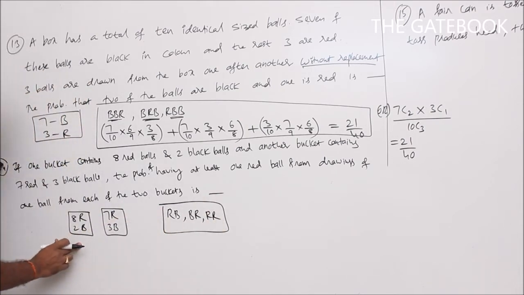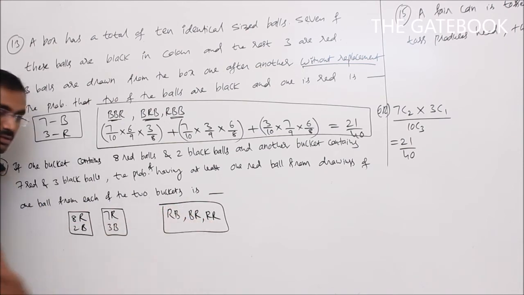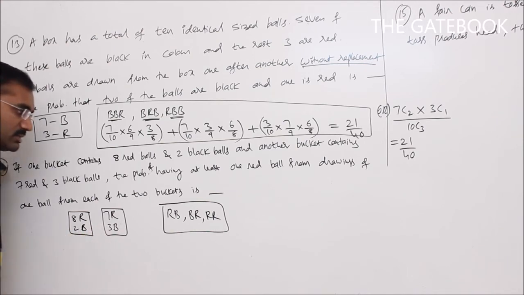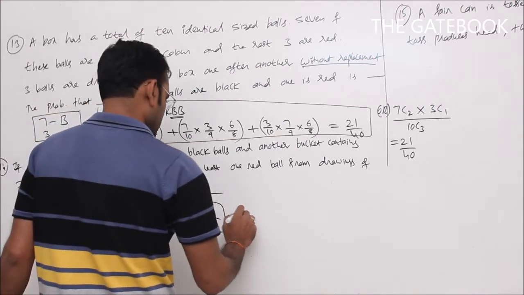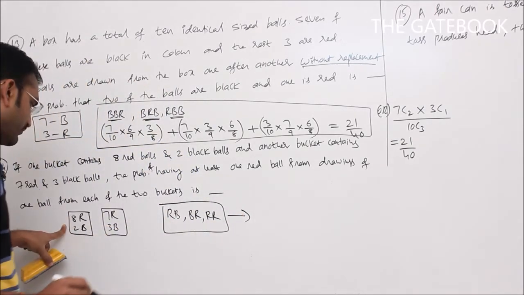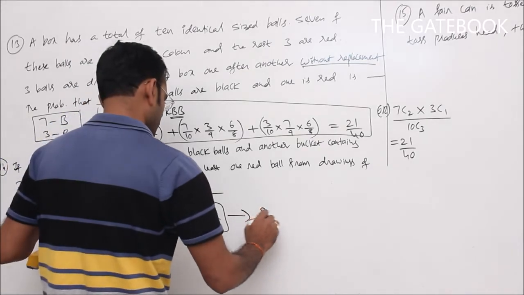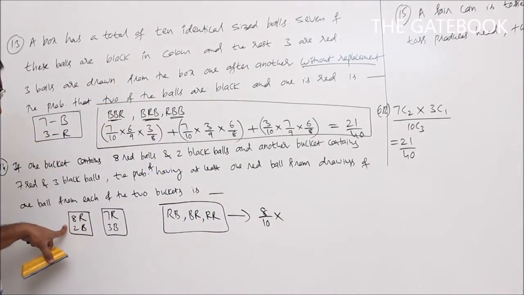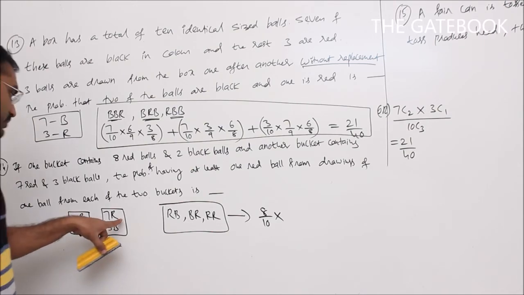Red from first bucket, black ball from second bucket, or black from first bucket, red from second bucket, or both red. So this can be done like this here. First red from first bucket. What is the probability of drawing red from first bucket? So 8 by 10 into, next what is the probability of drawing black from second bucket?